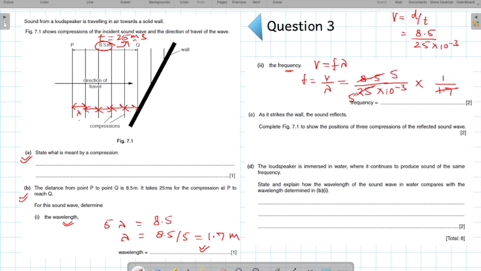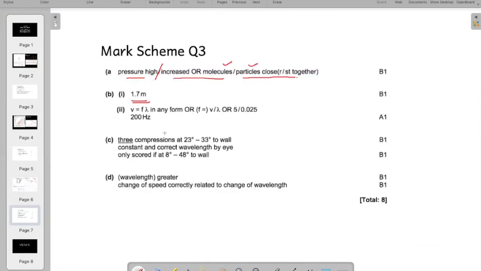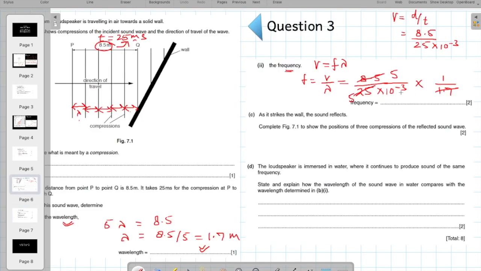So 5 here, 1000 over 5. Let's tally the answer, 200. So this becomes 1000 over 5, 200 hertz.